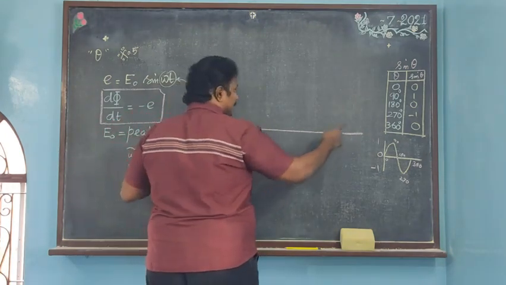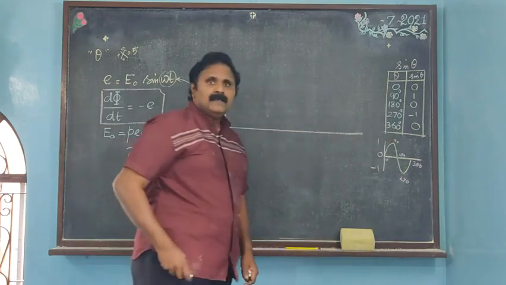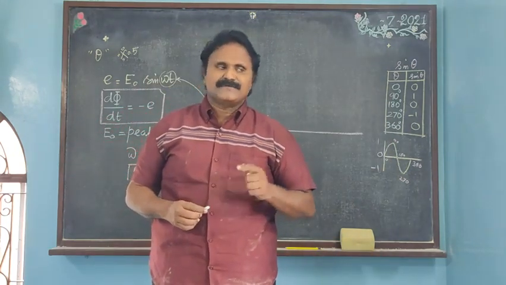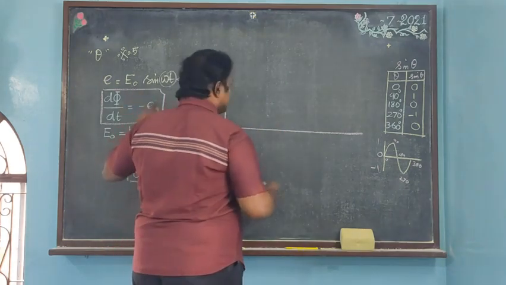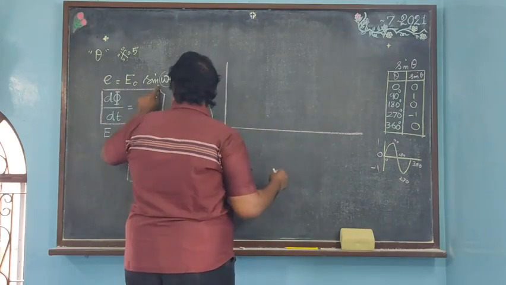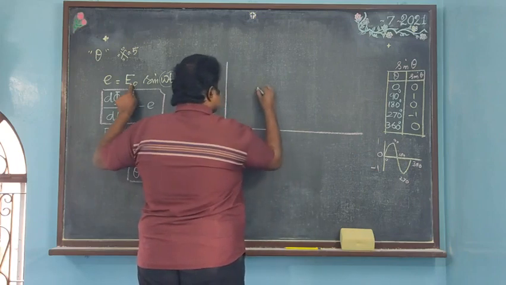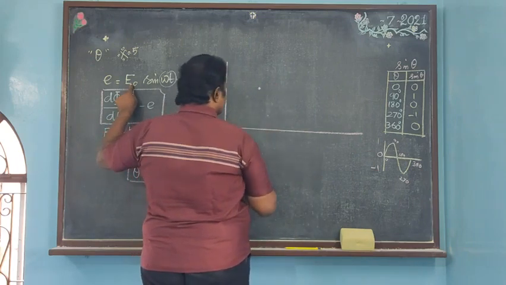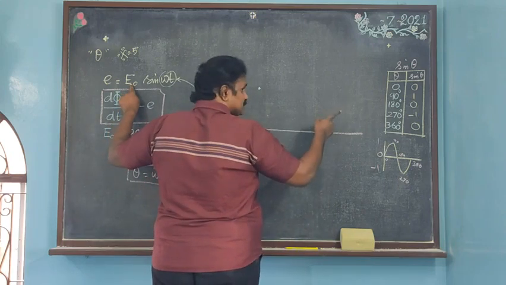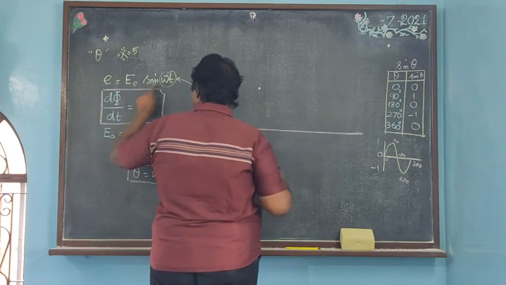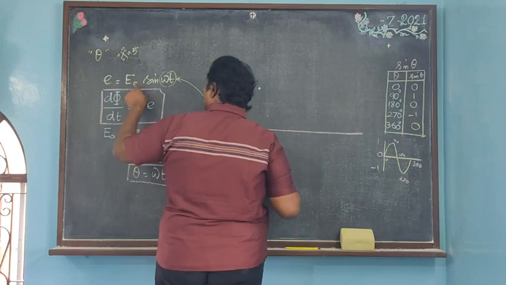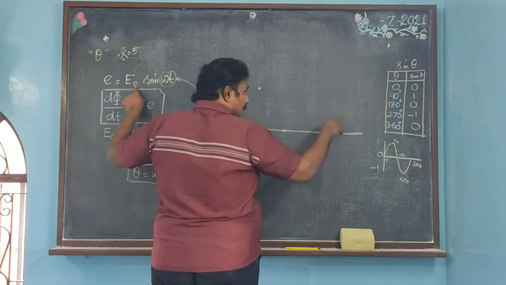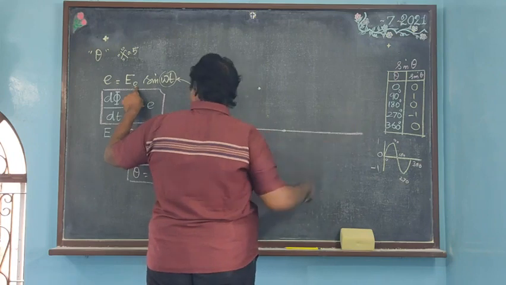So next is going to be 90 degree. Are you understanding my point? Yes. Sine of 90 takes the value 1. 1 into E naught is equal to E naught. Got it now? Okay. Next is to making an angle 180 degree. Sine of 180 is equal to 0. 0 into any number is once again equal to 0. 270 degree is equal to minus 1.